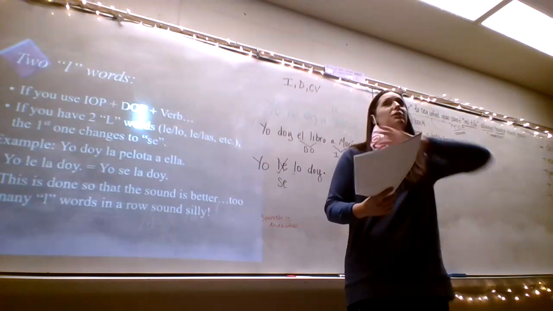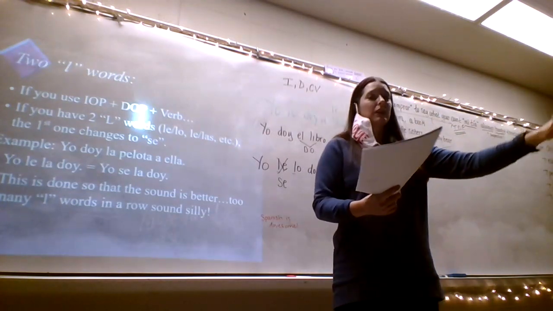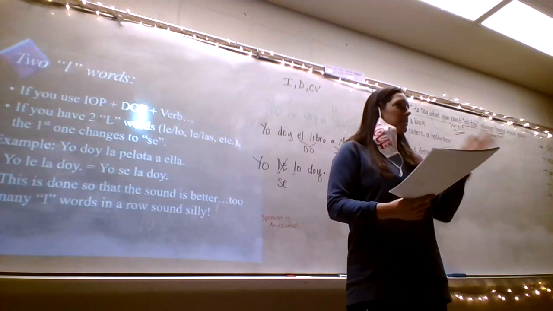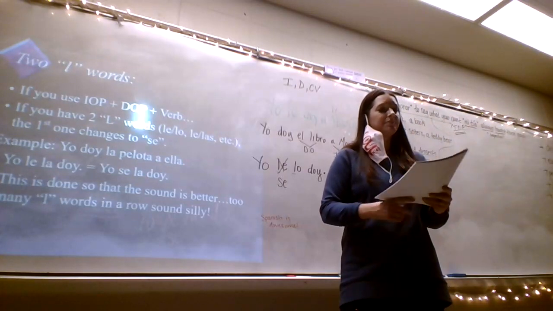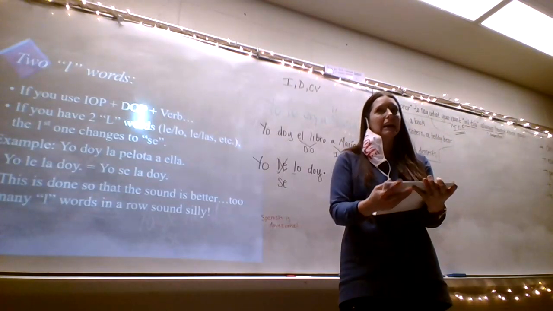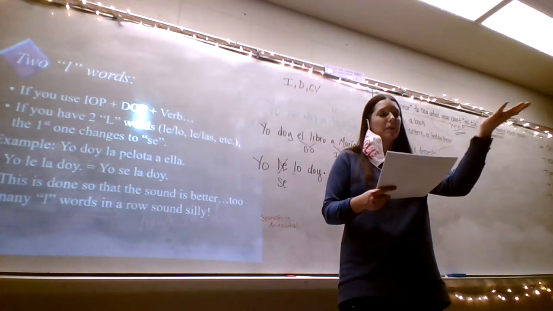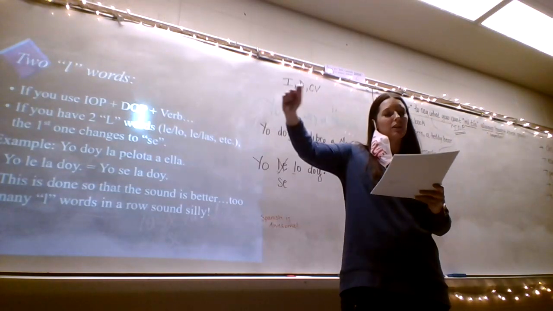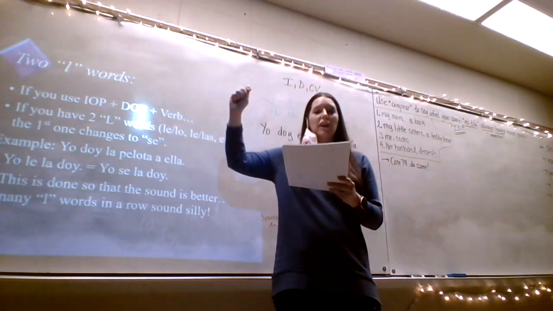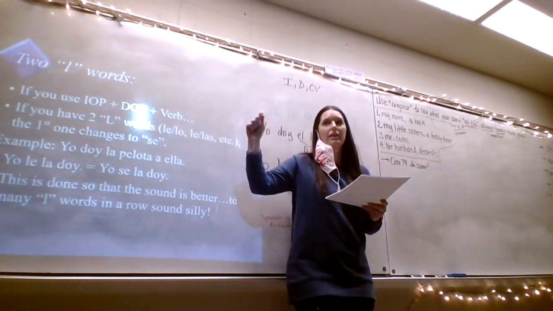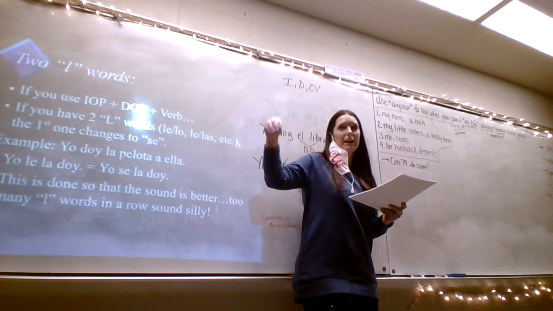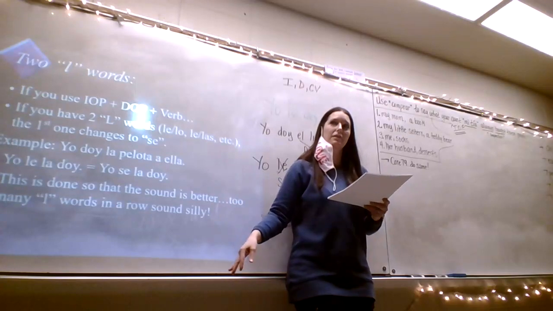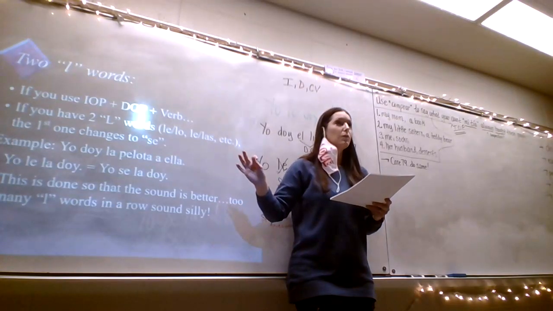So, we're just doing direct object pronoun for the first few, just to review. So, what is the direct object in that sentence? What are we batting? The ball. Okay, so scratch out la pelota. Change it to what? Direct objects. Me, te, lo, la, nos, los, or las. La, right?